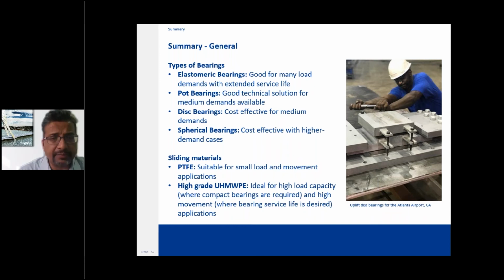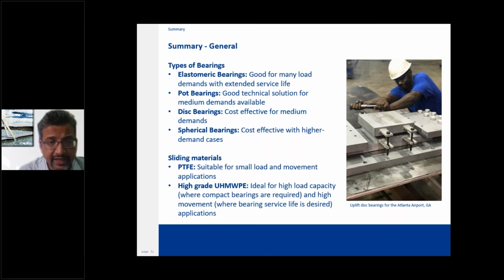So we discussed many types of bearings. Other than the roller rocker bearings, we discussed elastomeric bearings, which are good for many load demands and have the benefit of extended service life. If a good quality elastomeric bearing is used, it can give you the longest life possible of any of the bearings because of the conspicuous absence of any corroding element in the bearing.